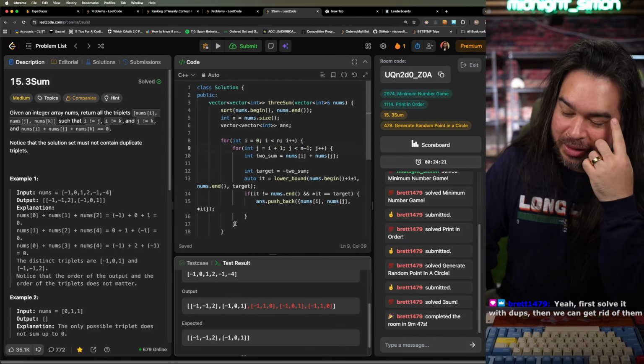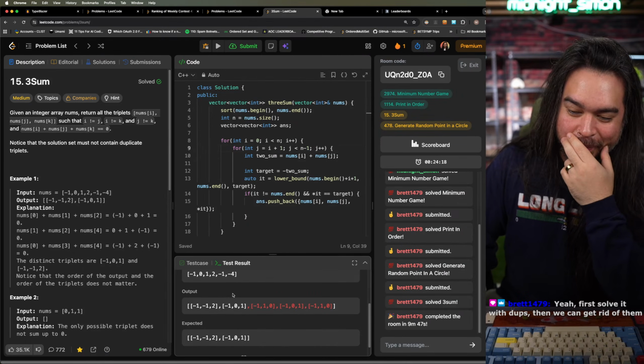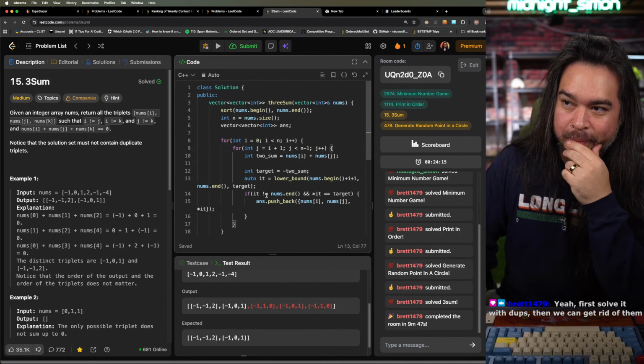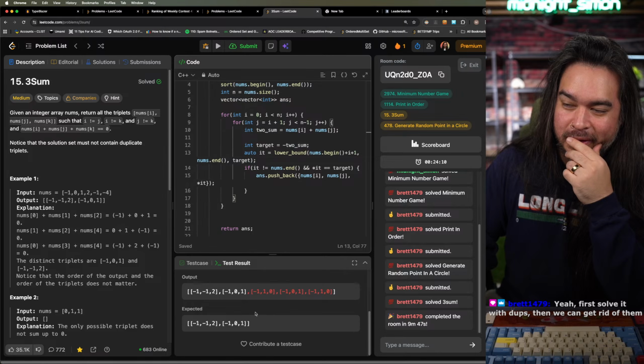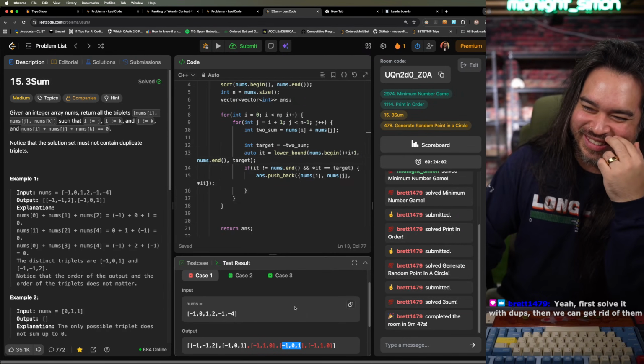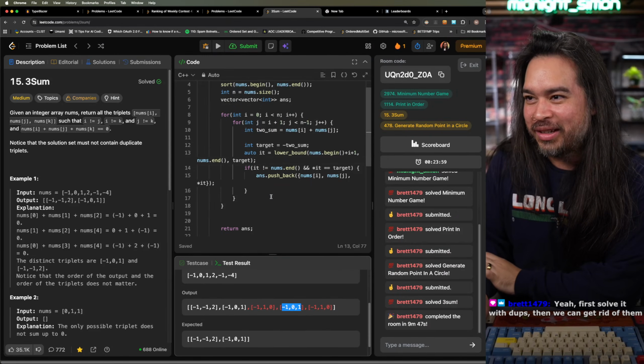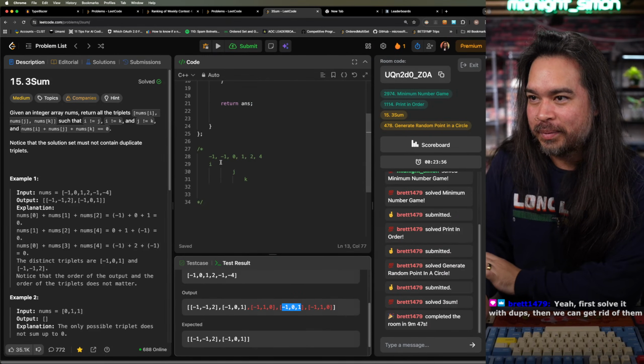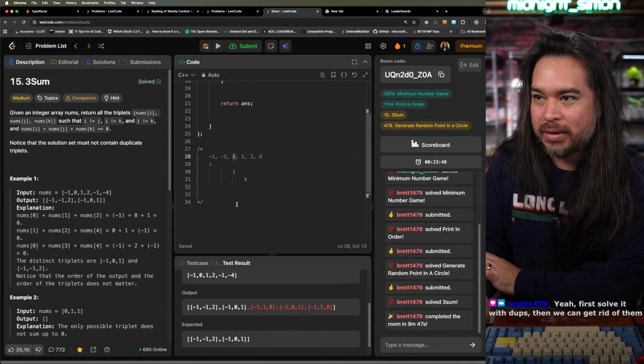First solve it with dupes, then we can get rid of them. Is this solving it with dupes? What did I do here? -1, so I found that one, and then -1, 0, 1, I found that one, and then it's going -1, 1.